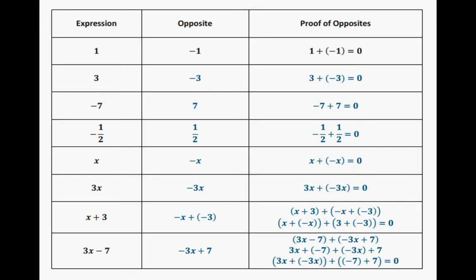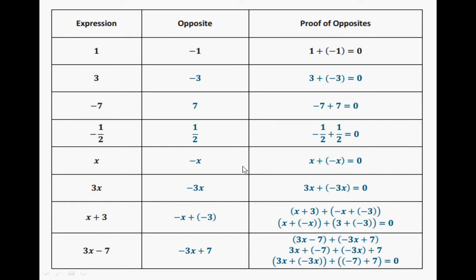So if you have an expression and its opposite, then the proof of the opposites, just like in the first row, would mean that 3 plus negative 3 is equal to 0. And the opposite of the expression negative 7 means that negative 7 plus 7 equals 0.